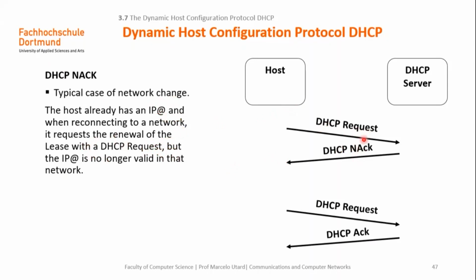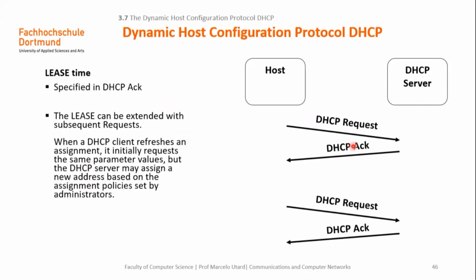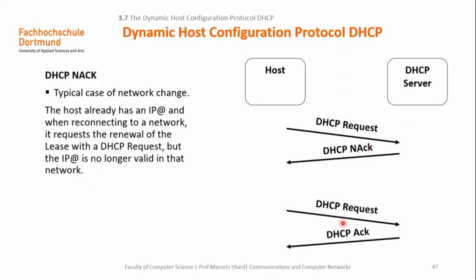Then, in that case, the DHCP server could respond to the DHCP request with a DHCP NAK instead of a DHCP ACK. In that way, the host needs to resend a DHCP request, and in that case, the server will confirm the new assignation.